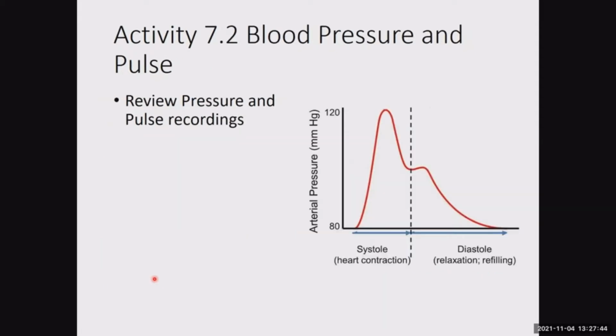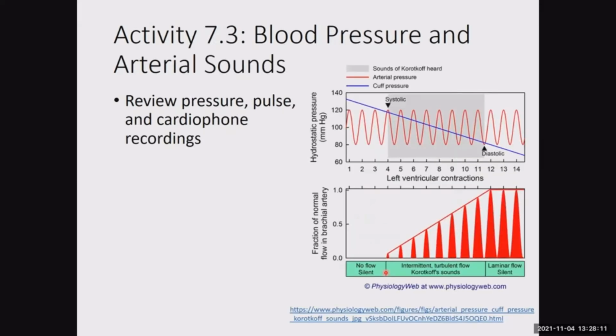In the second activity, we're going to start to use the LabChart system in the PowerLab. We're basically going to be measuring the pulse pressure and pulse recordings by taking a look at the arterial pressure during systole and diastole. Again, follow the instructions within the ADI handout. They provide a lot more detailed instructions than the lab report template.